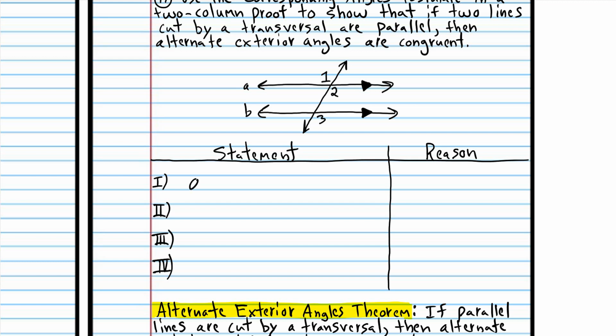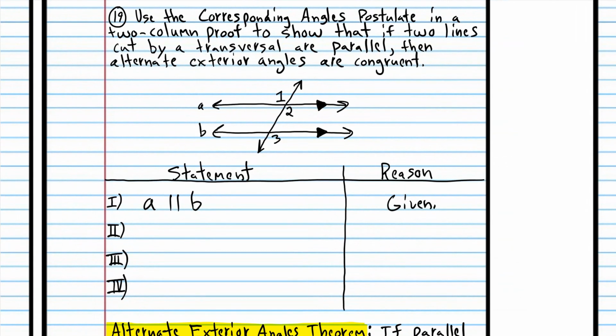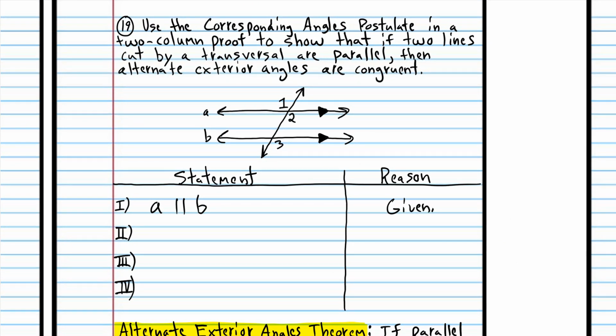The given information is that A is parallel to B. Now, you haven't seen this before. You've seen notation A is perpendicular to B, but you've not seen shorthand notation for parallel. So that's what parallel means. It's very simple notation. So that's the given information. We're assuming that A and B are parallel. This doesn't work unless lines A and B are parallel.